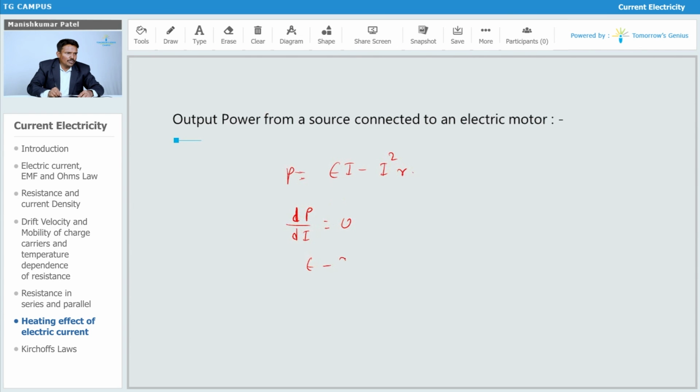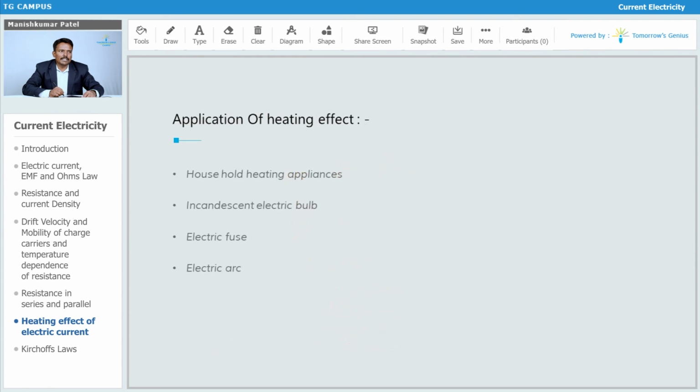So epsilon minus 2IR has to be 0, so E is equal to 2IR, and I is E upon 2R. This has to be the current to get the maximum output power from the source. This is the value of current that you should get to obtain the maximum power.